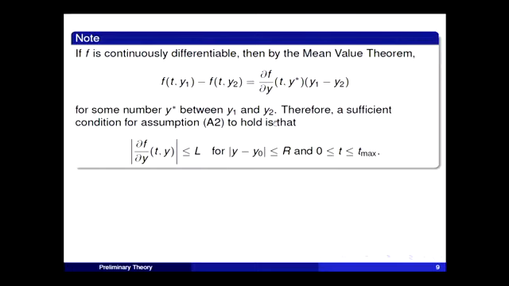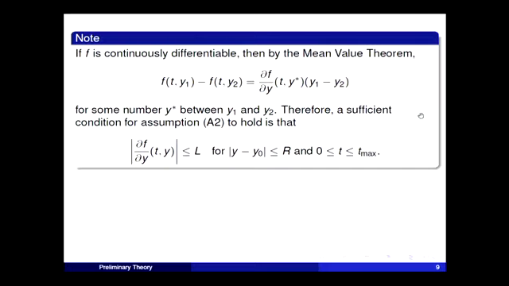So this condition will be automatically satisfied if f is continuously differentiable, because the mean value theorem says that this difference is just partial f with respect to y at some point y in the middle, and if it's bounded, then definitely you have this condition. So you just make this an absolute value, less than or equal to L times the absolute value of y1 minus y2.